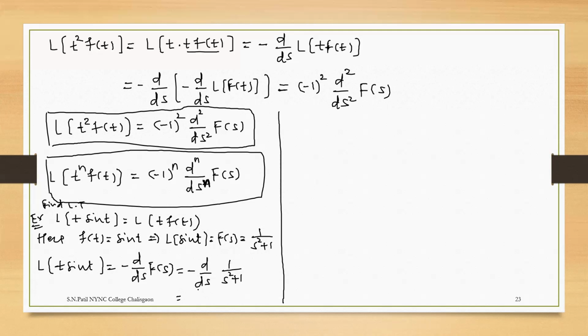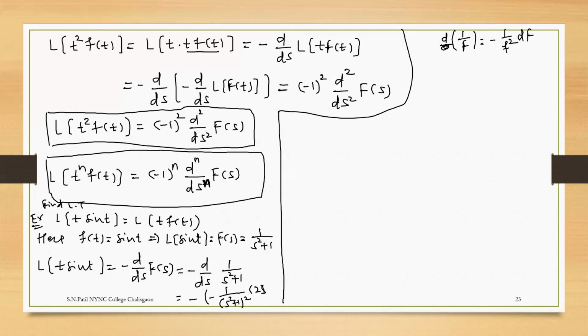Now the derivative of 1 upon function is minus 1 upon function square, again into the derivative of the function.